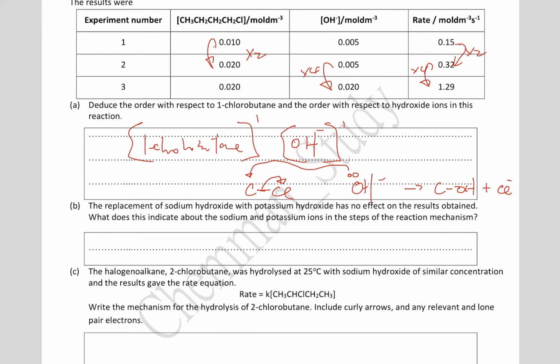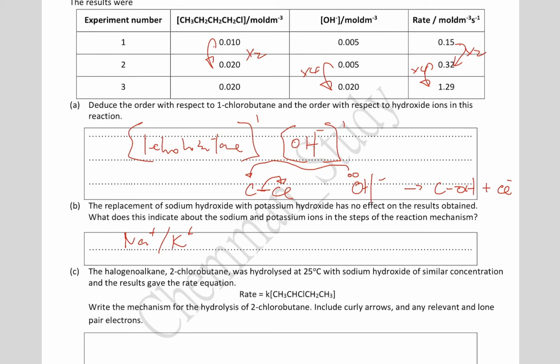Then actually you can see that in the mechanism, no one will ask you to draw the sodium ions, just like the other reaction, like sodium cyanide, in terms of the nucleophilic addition with ketone and aldehyde. You also will ignore the sodium ions, just drawing the cyanide ions. So that means the K plus or Na plus, they're not involved in the mechanism.